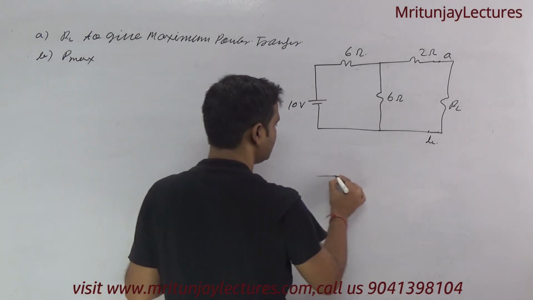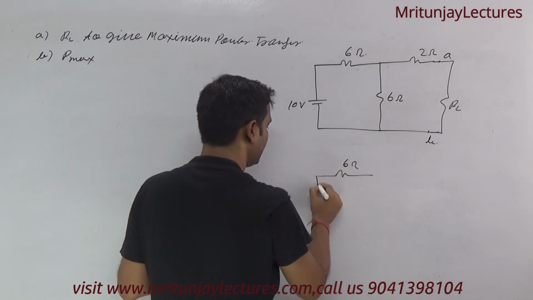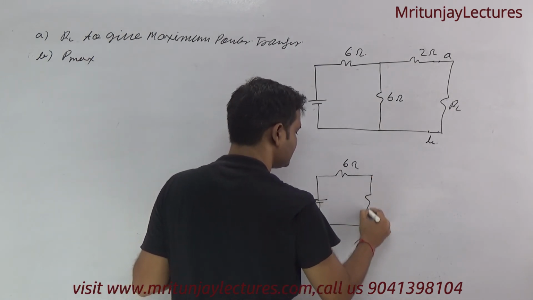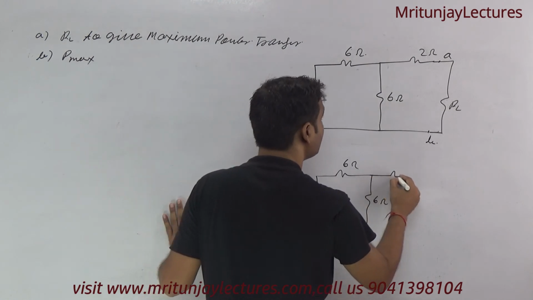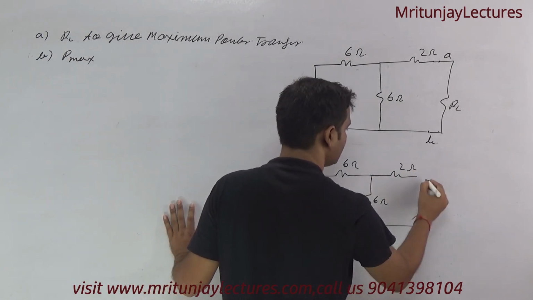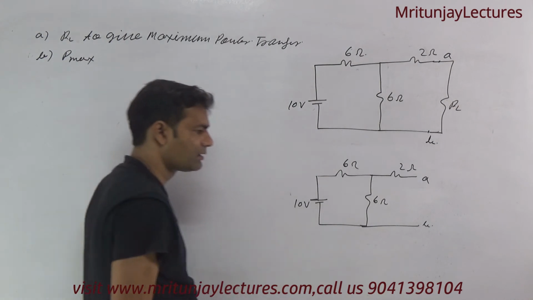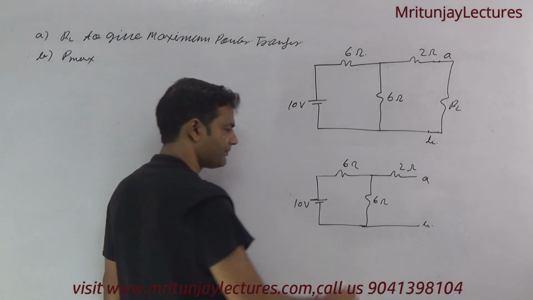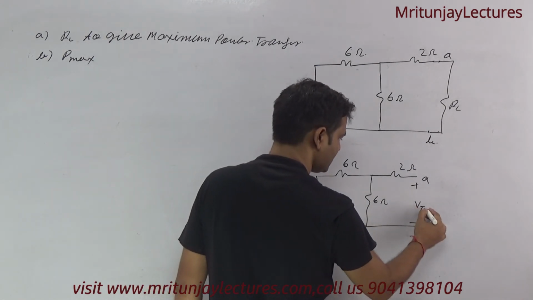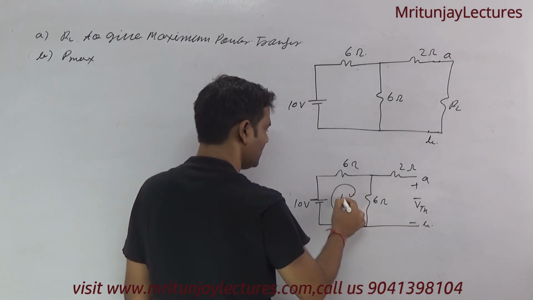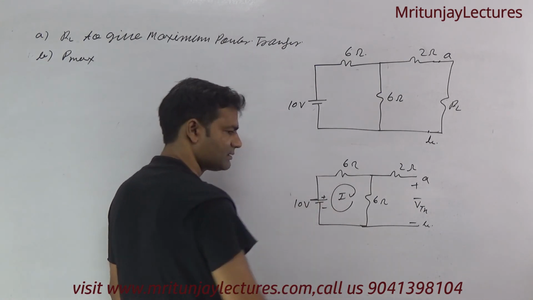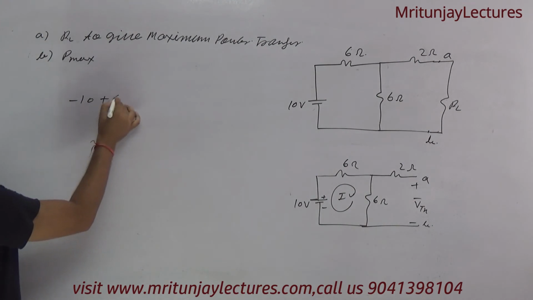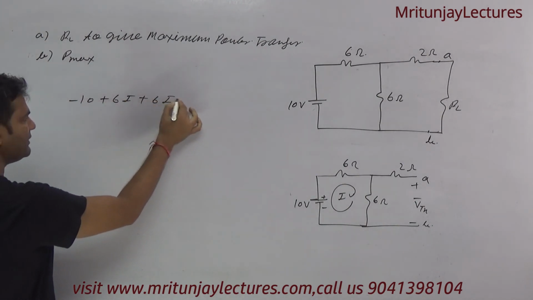First of all make 6 ohm and plus minus 10 volt, and this one is 6 ohm. If you consider VTH like this, with current I: minus 10 volt plus 6 into I plus 6 into I equals 0.